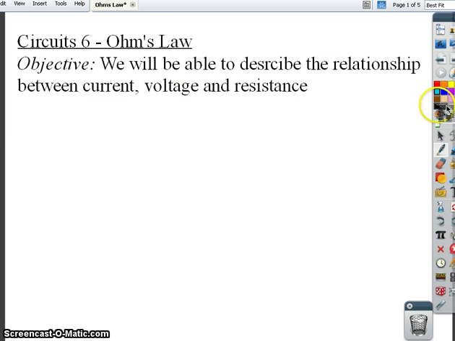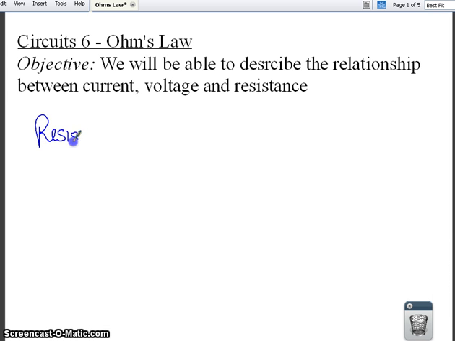Okay, we've already gone over a little bit what current and voltage is, so let's talk about what resistance is. Resistance is defined as the ratio of voltage over current.